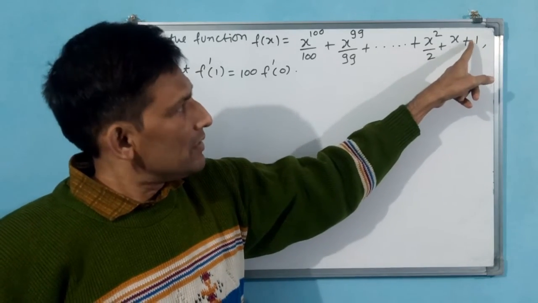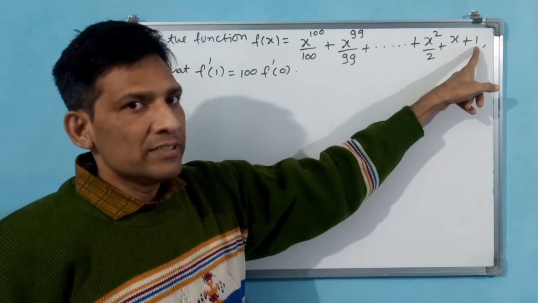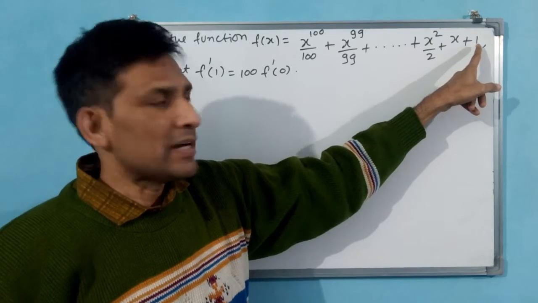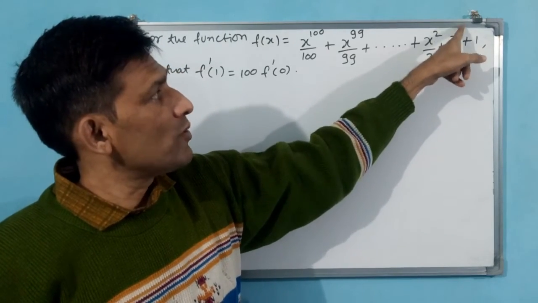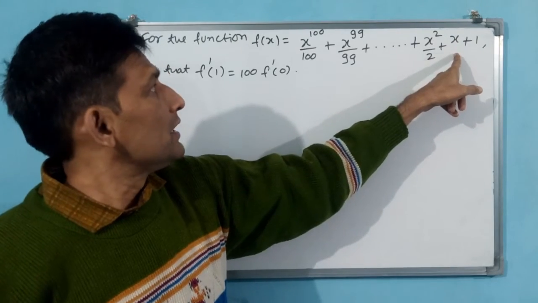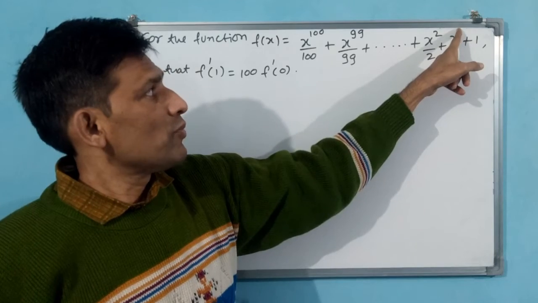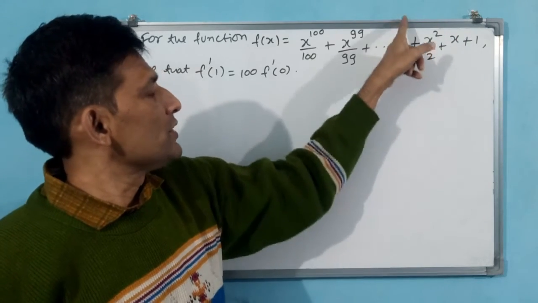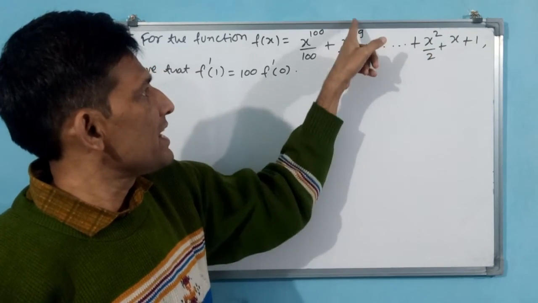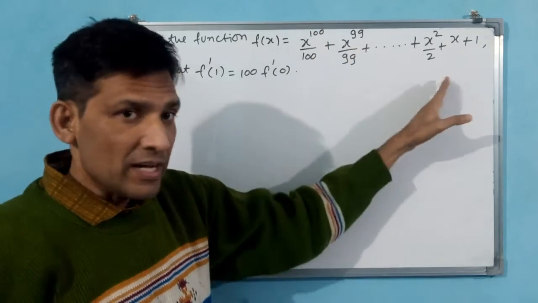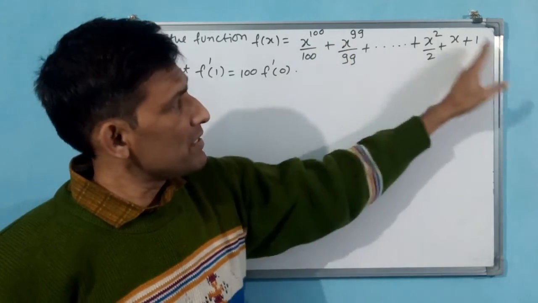That is why you write this as 1 only. X to the power of 0 you don't write, it is 1. But this you can write x to the power of 1 by 1. That means totally 100 terms are there here: x to the power of 1 by 1, 2 by 2, 3 by 3, 98 by 98, 99 by 99, 100 by 100, like 100 terms are there. 100 plus 1 terms are there.